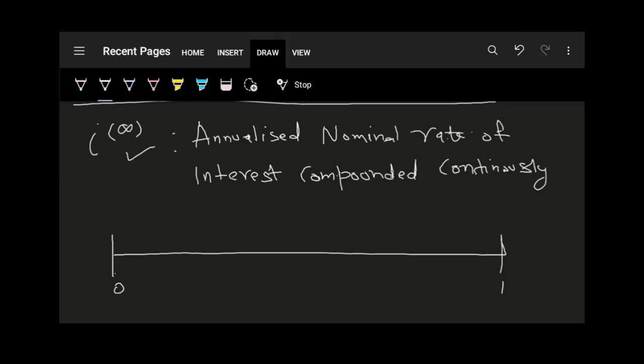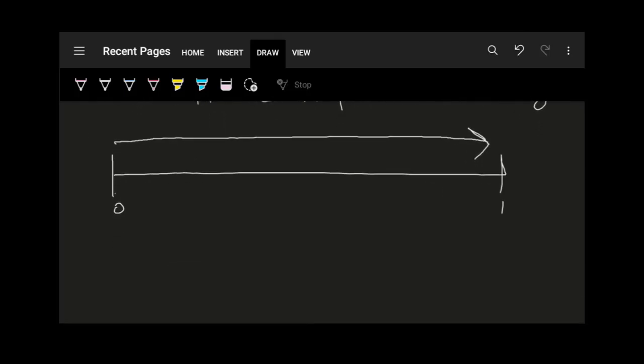And if p equals 12, I get that payment at the end of every month. When p equals infinity, compounding is done starting from here till the end. The compounding is regular and continuous, every second, every moment. So I'm calculating and paying interest regularly and continuously at every moment.